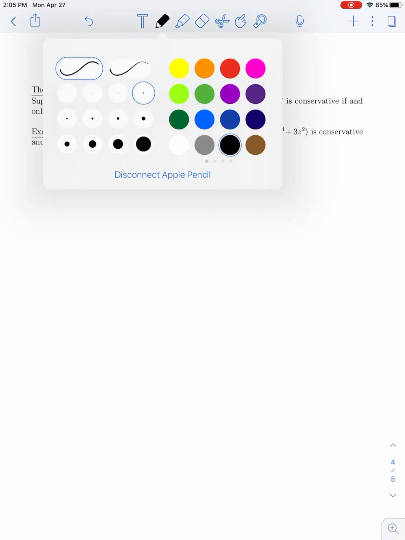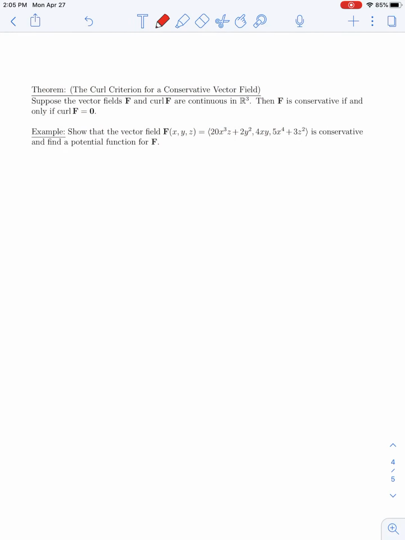So one nice application of the curl vector is that it can be used to determine whether a three-dimensional vector field is conservative, making use of the following result known as the curl criterion for a conservative vector field. So recall from section 6.3, for a two-dimensional vector field, that is f of just x and y, we used the cross partials test to determine whether it was conservative.